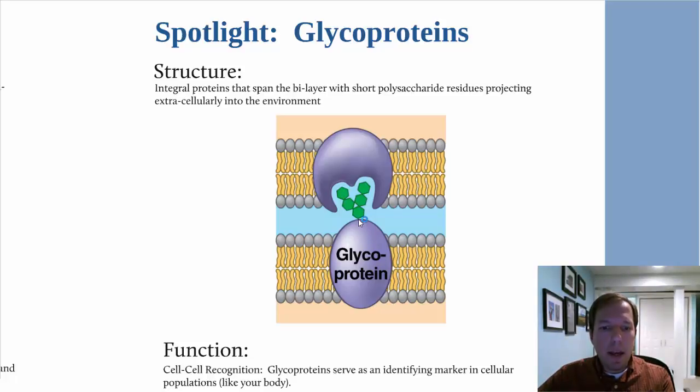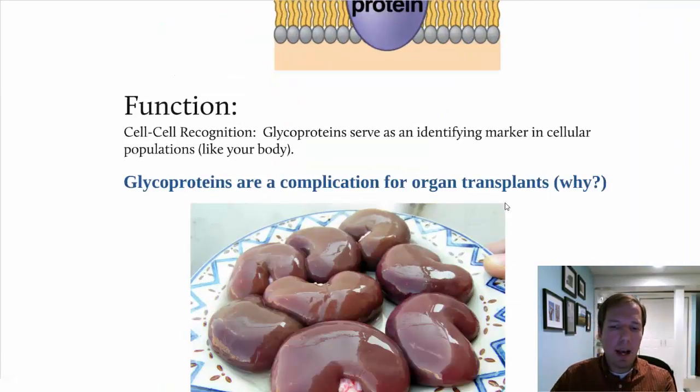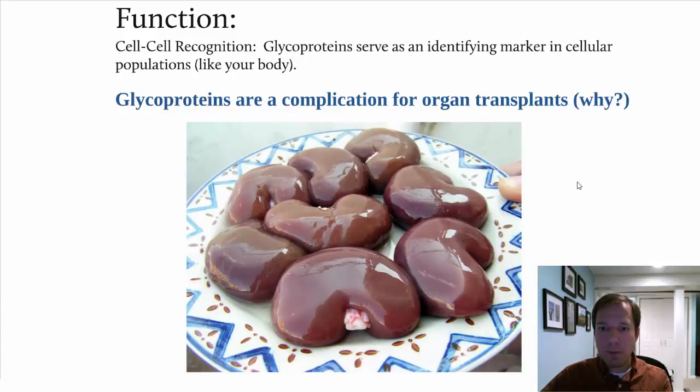So this can be important for something like cell-to-cell recognition. The unique pattern of carbohydrates on your cell is going to be different from the pattern on my cell. And so this makes a complication for something like organ transplants, because this is one way that your body, particularly your immune system, recognizes yourself.